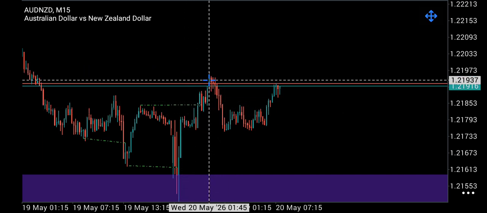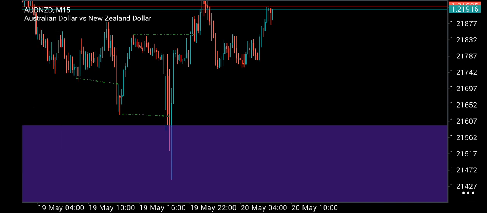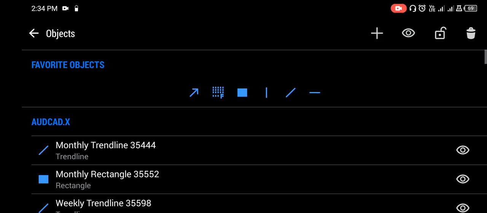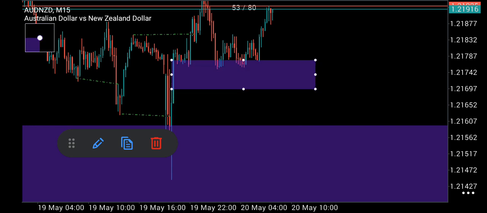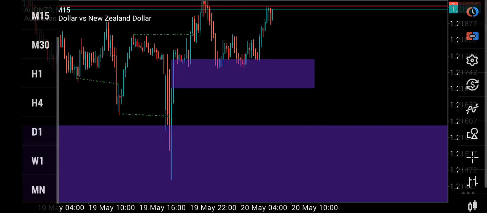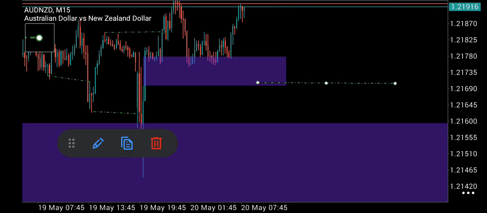After getting this change of character, the market has left this imbalance. Since I'm only looking for buys, we have that imbalance, which price has not retraced back fully to fill completely.